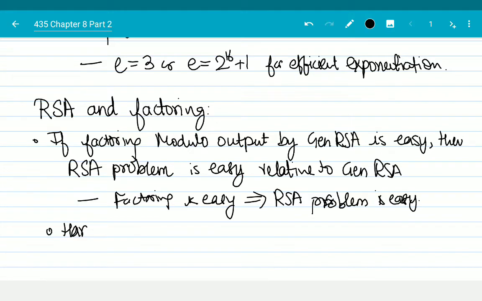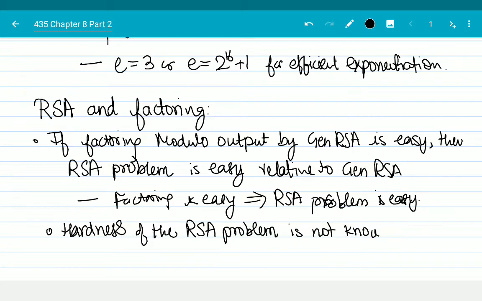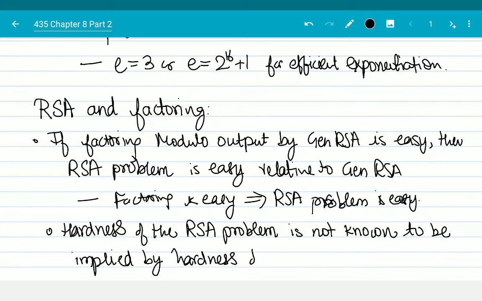Now the hardness of the RSA problem is not known to be implied by the hardness of the factoring problem.